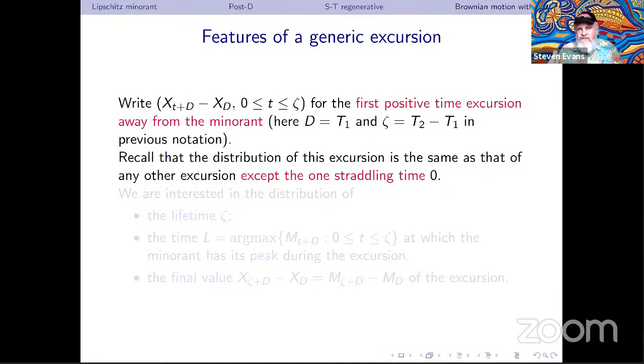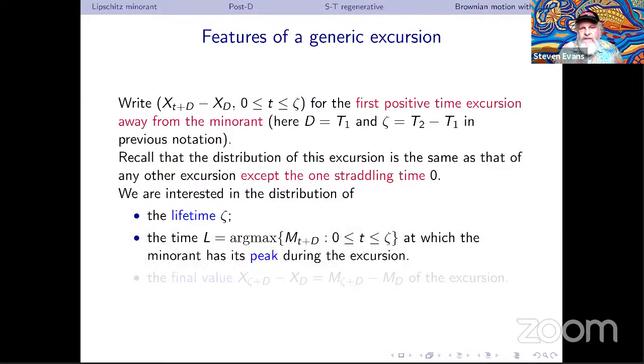It's got some size biasing going on. And so we're interested in the distribution of the lifetime of this guy, the time L at which the minorant has its peak during the excursion, and the final value of the excursion.